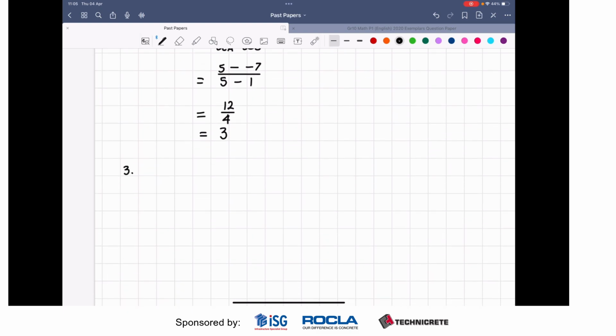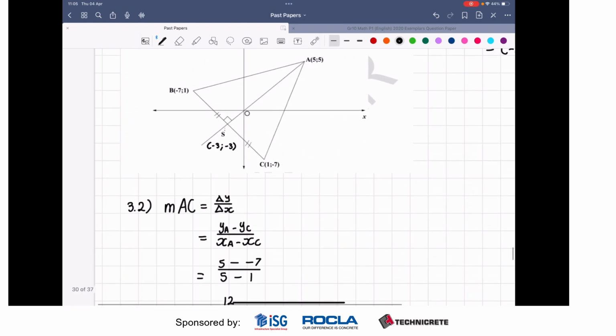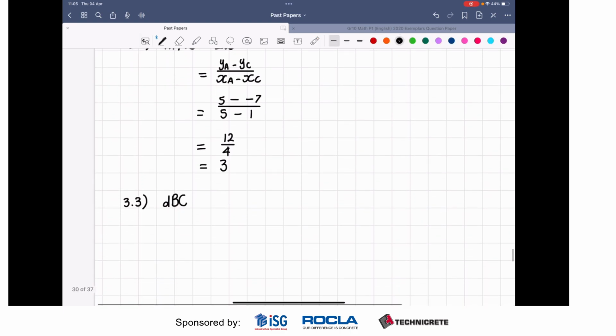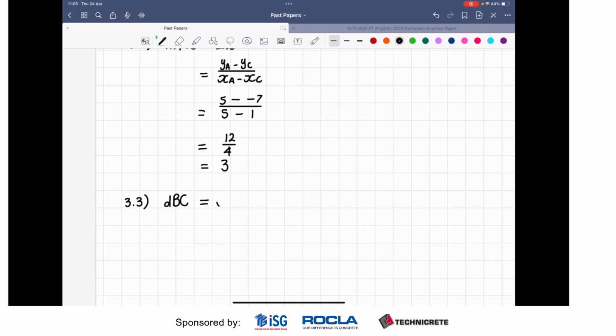Okay, then the next part asks me to find the distance of BC. That is this distance here. And I've got 2 points on a straight line, so I can use my distance formula. And the distance formula says that the distance of BC is equal to the square root of x of B minus x of C all squared plus y of B minus y of C all squared.